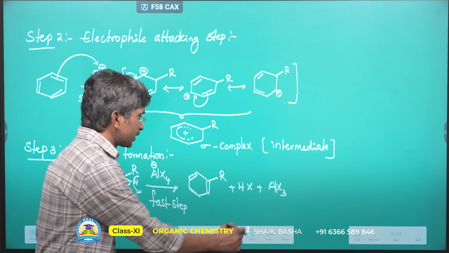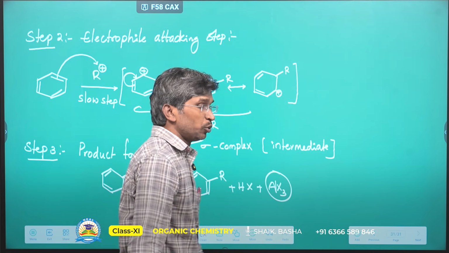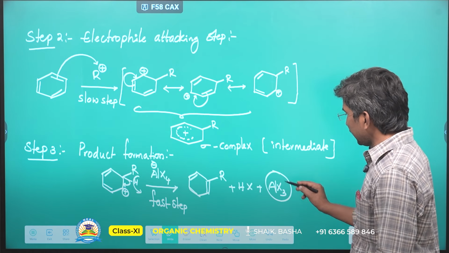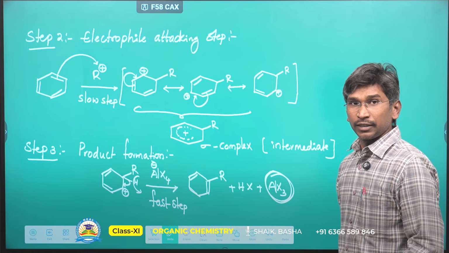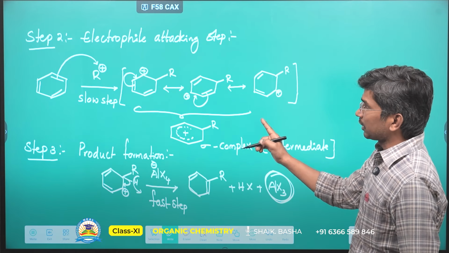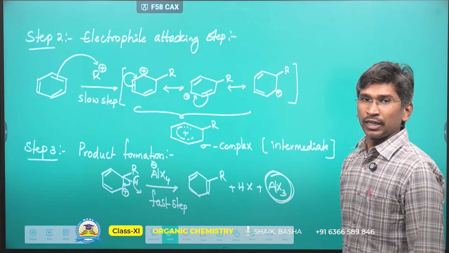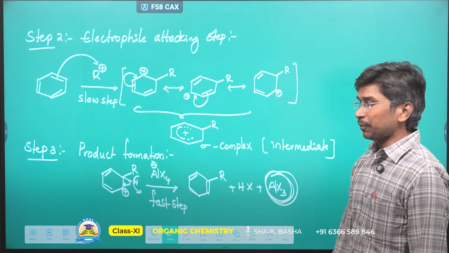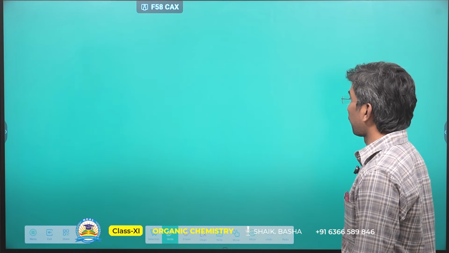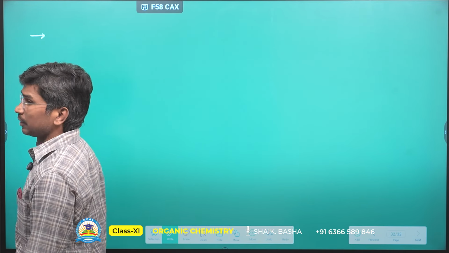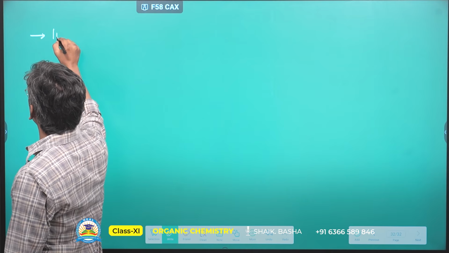In the first step AlX3 we have taken to generate the electrophile. Again in the last step AlX3 is generated. So what is the role of AlX3 in electrophilic substitution or in Friedel-Crafts alkylation reaction? AlX3 acts as catalyst. What are the points here? First one, what is the electrophile in Friedel-Crafts alkylation reaction?